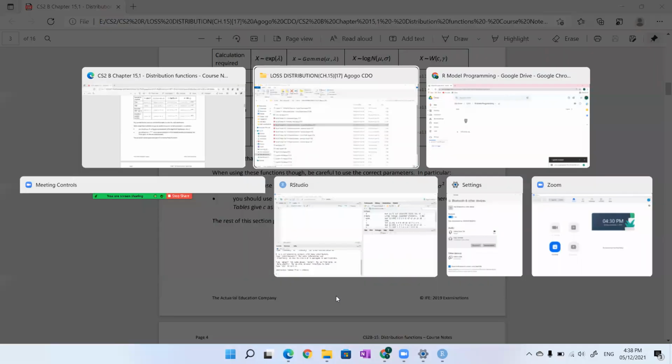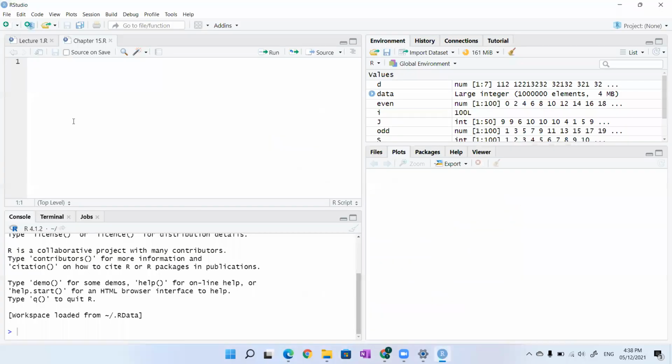So let's start with it. Let's start with your R programming. My first question: I want to calculate the PDF of the value 30, given that it follows an exponential distribution with the parameter lambda as 0.05.